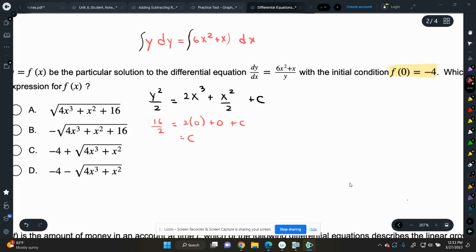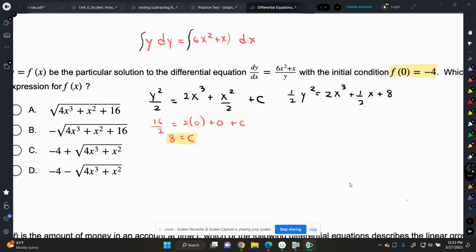So c equals 8. Okay. So now I have 1/2 y squared equals 2x to the third plus 1/2 x squared plus 8.